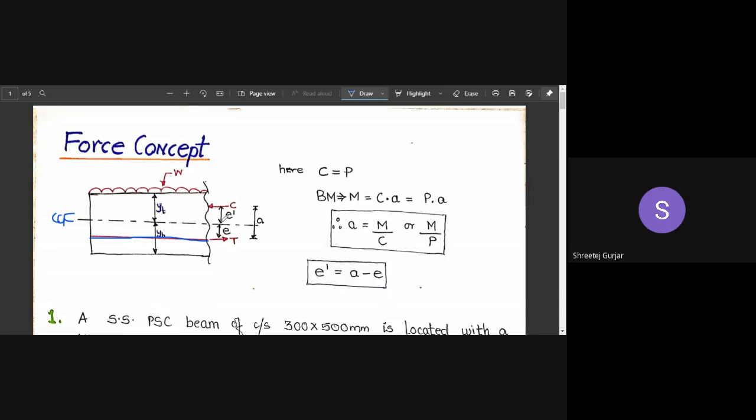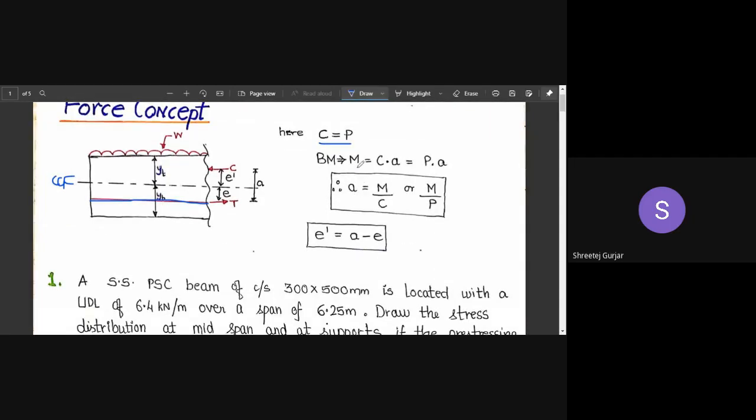The distance between the force C and your CGC is E dash, and then this is your regular eccentricity E. So C is equal to P, remember this.